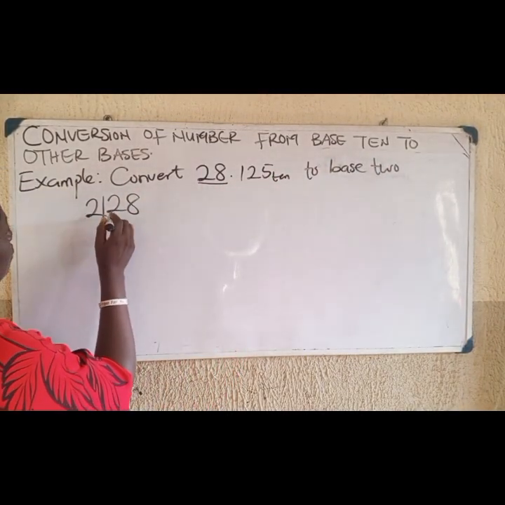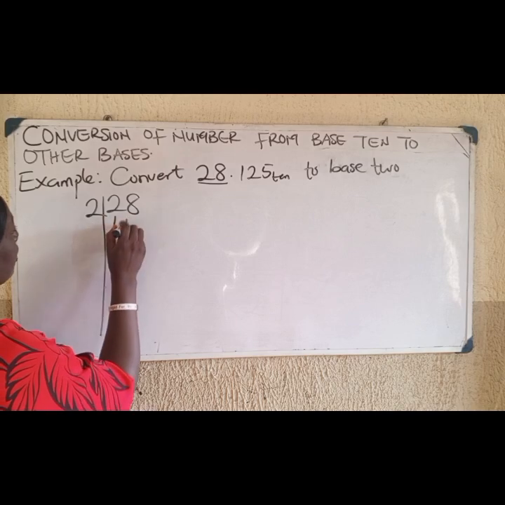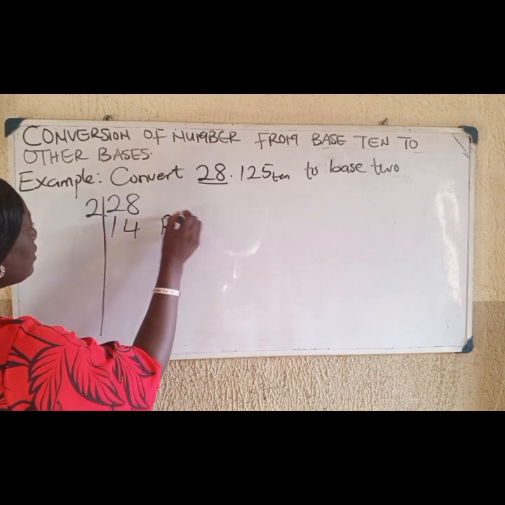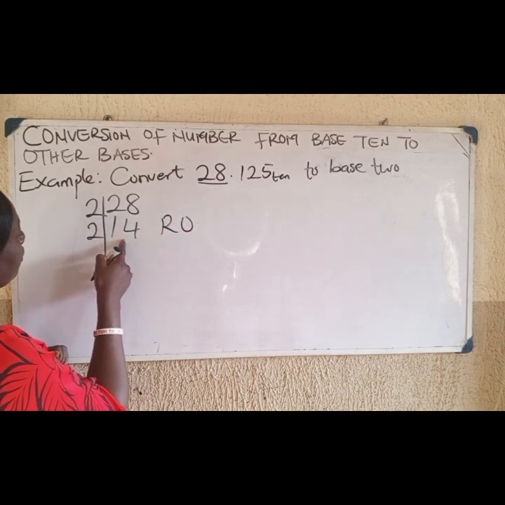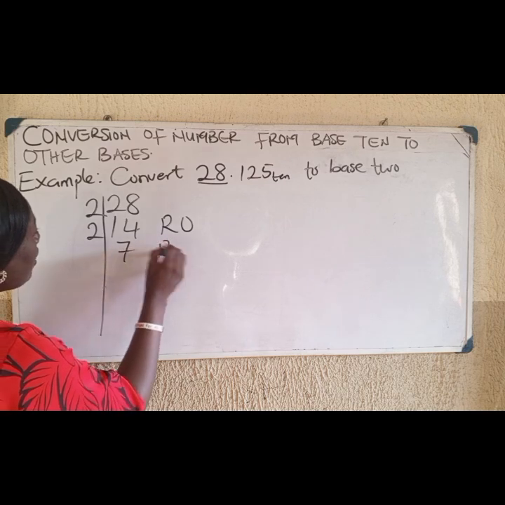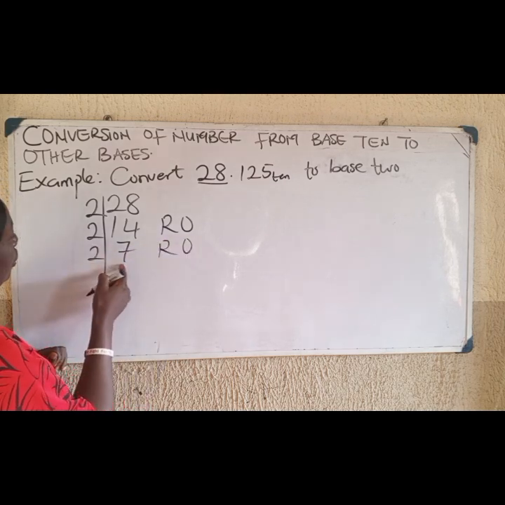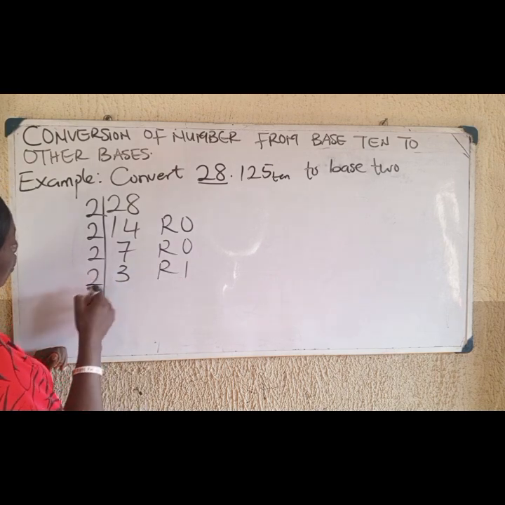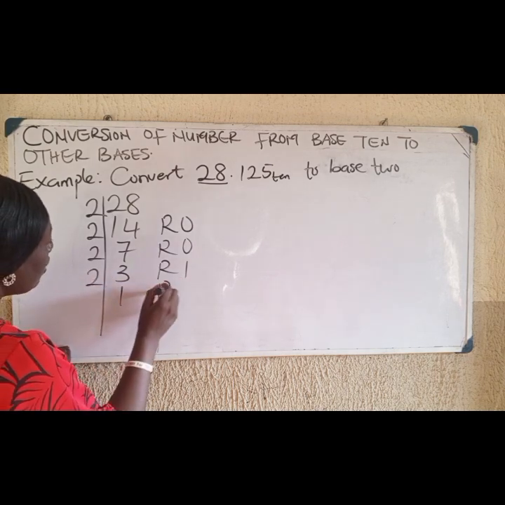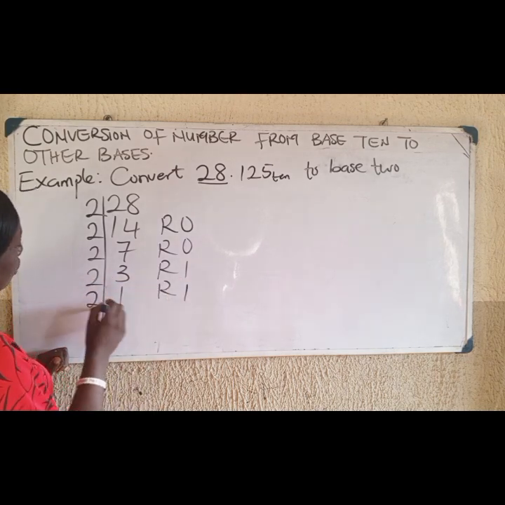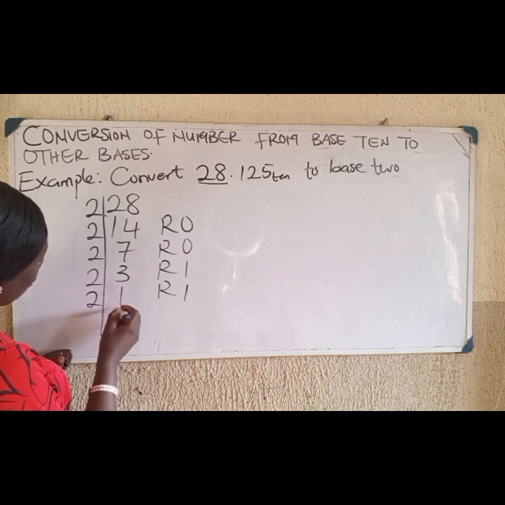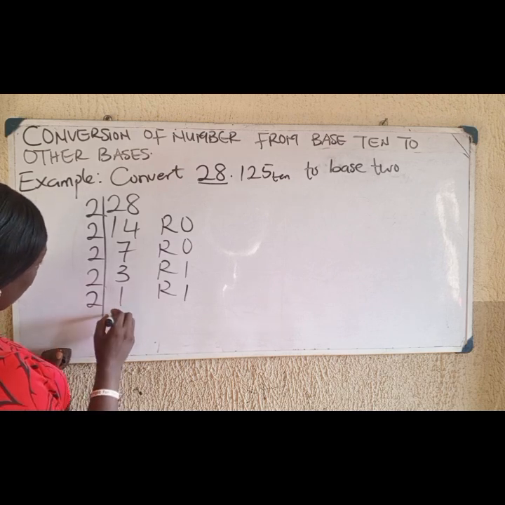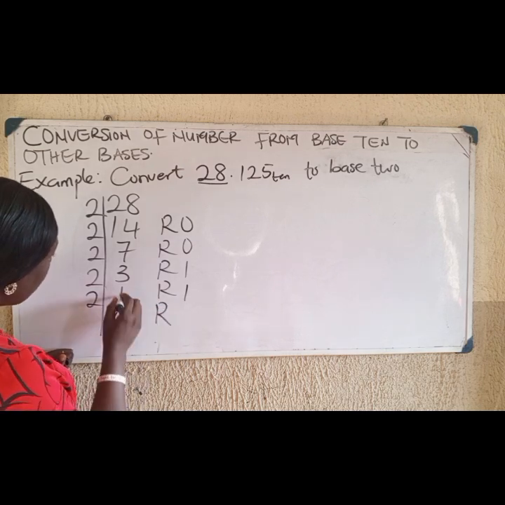So 2 goes into 2, 1; into 8, 4, remainder 0. 2 into 14 is 7, remainder 0. 2 into 7 is 3, remainder 1. 2 goes into 3 is 1, remainder 1. And 2 goes into 1, 2 cannot go into 1 and still give me a whole number, so I have 0, remainder 1.